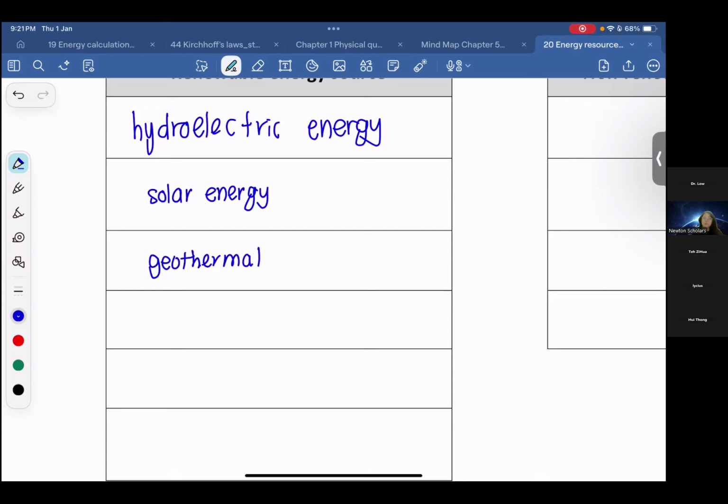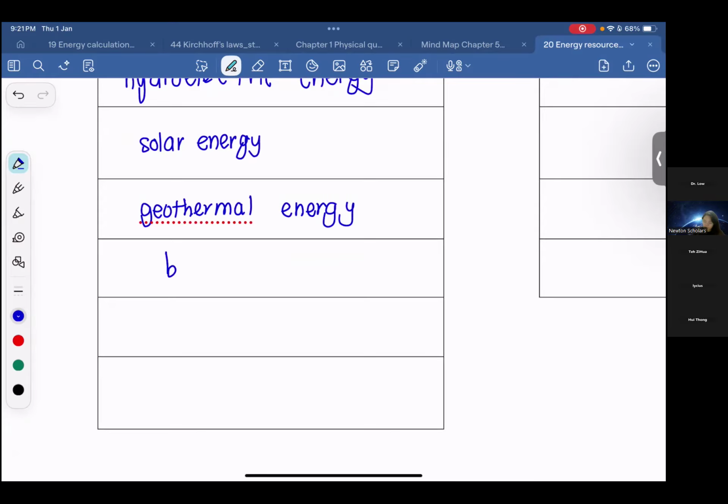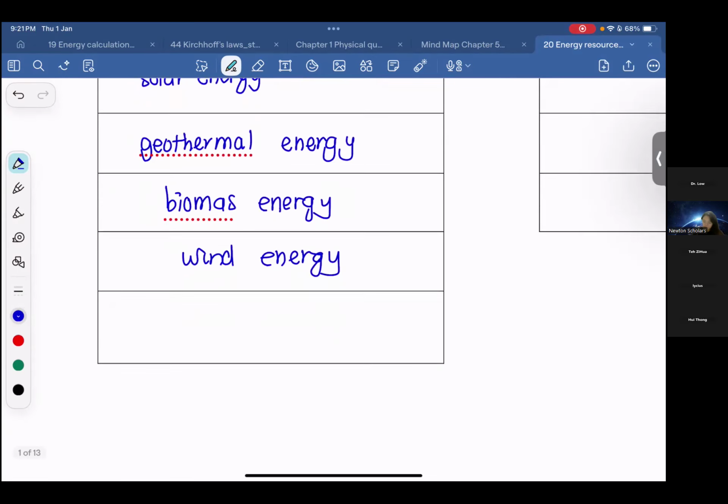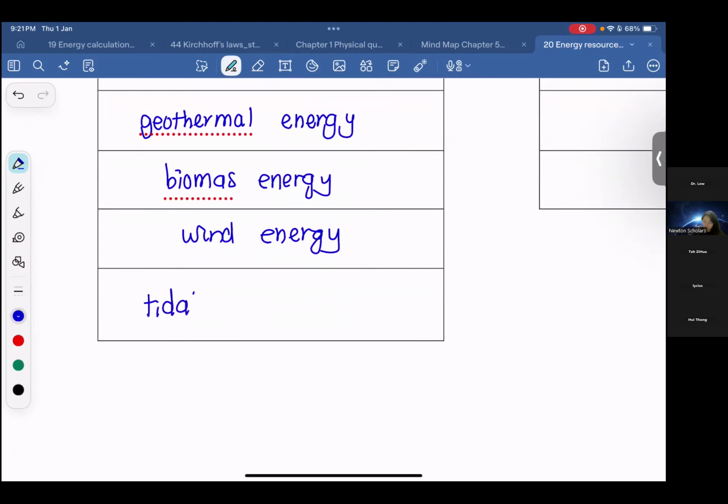Heat from our earth is called geothermal. We use the heat from the core of the earth to generate electricity. That is called geothermal energy. Then what else? Biomass energy. What else? Wind energy. Wind is there all the time, it won't run out. Then what else? Tidal or wave energy.